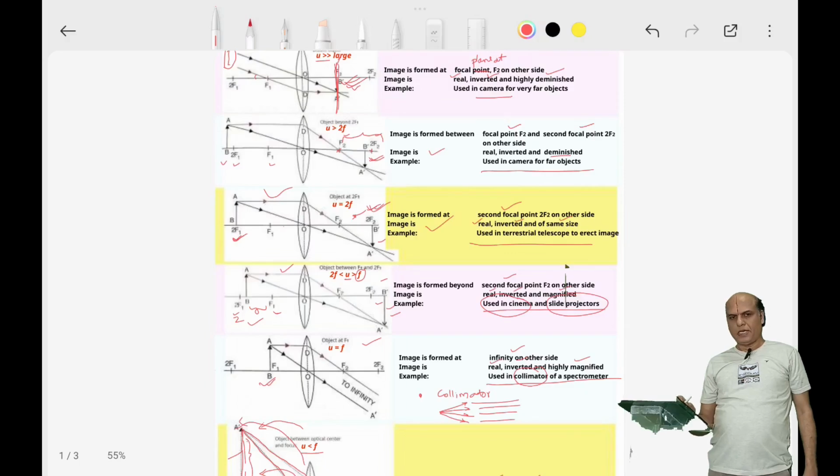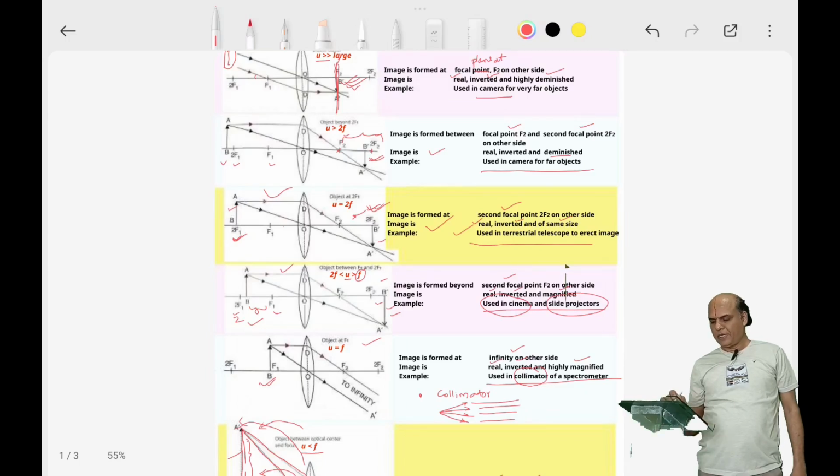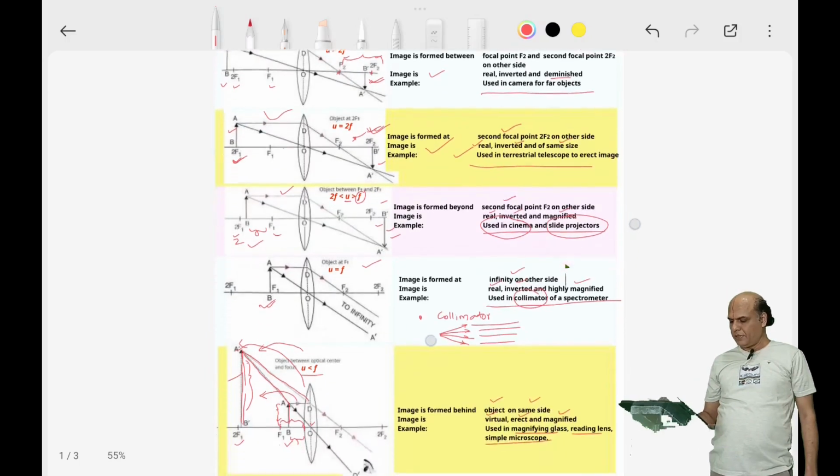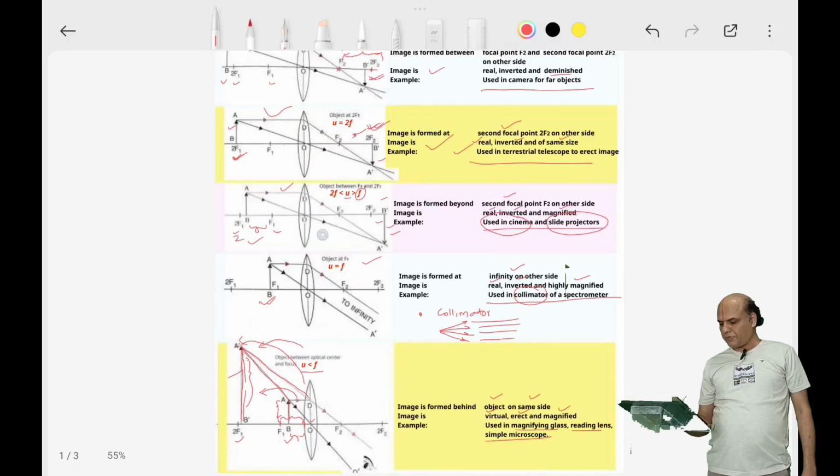Here the image is actually inverted, but for the observer to see the image erect, this lens is used. So the inverted image is converted to an erect image using this lens. Now the next lens is used when the object is placed between the second focal point and the focal point.